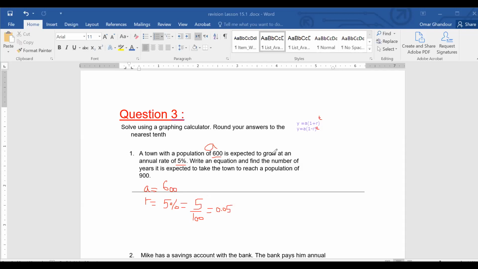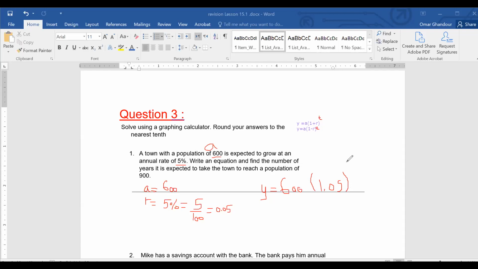Is expected to grow. Grow means I'm using which model? I'm using the first model, the growing model. So y is going to be A, which is 600, multiplied by 1 plus R, which is 1.05 right away, to the power t, because he didn't tell us after how many years.